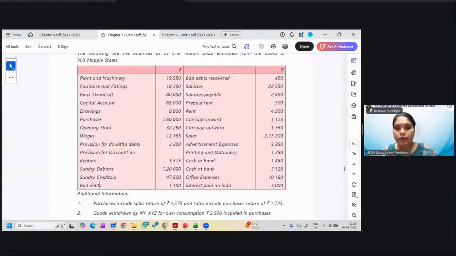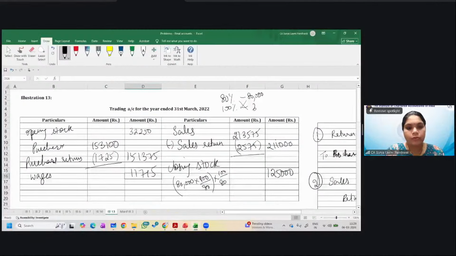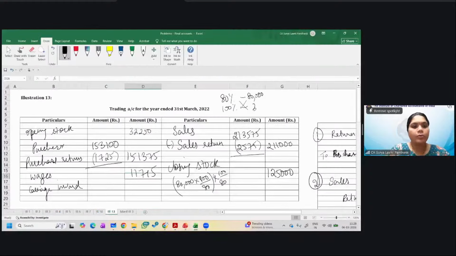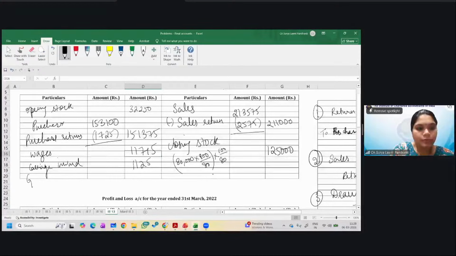How much is carriage inward? 1125. Then you have sales. We have taken sales. Advertisement will not come here. Printing and stationery, cash in hand. Okay. Now calculate gross profit.